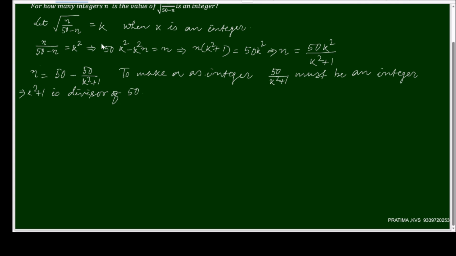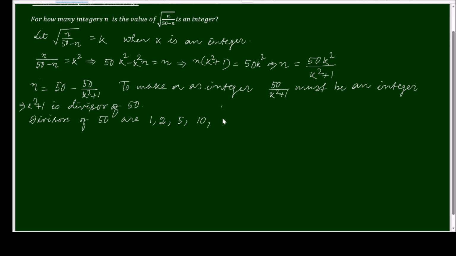Let's take the divisors of 50: 1, 2, 5, 10, 25, and 50. So we go one by one.